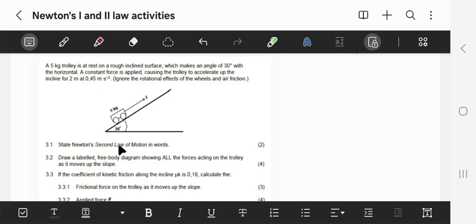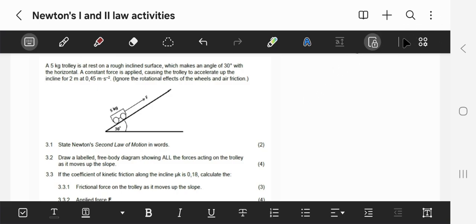If we state Newton's second law of motion in words, we'll say that when a net force acts on an object, the object will accelerate in the direction of the net force, where the acceleration is directly proportional to the net force and inversely proportional to the mass of the object.